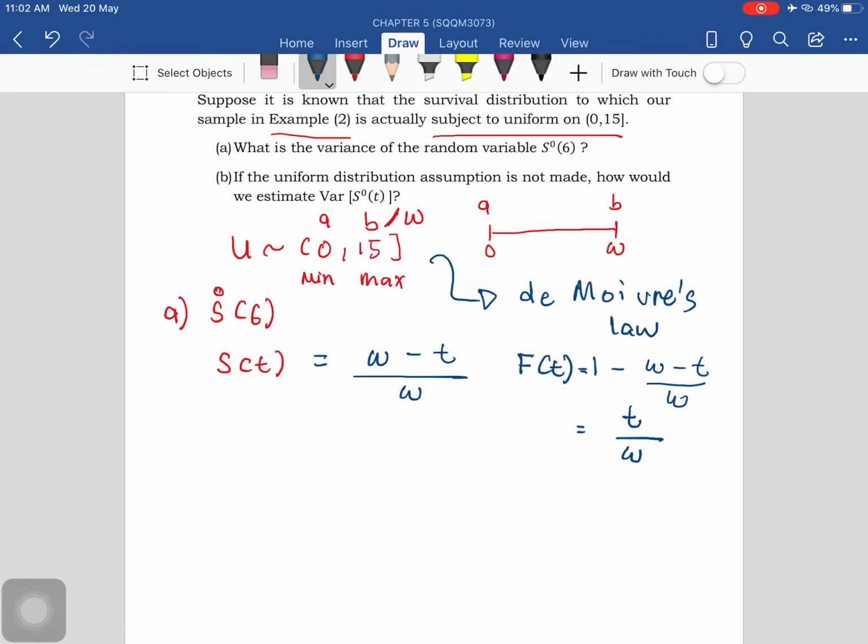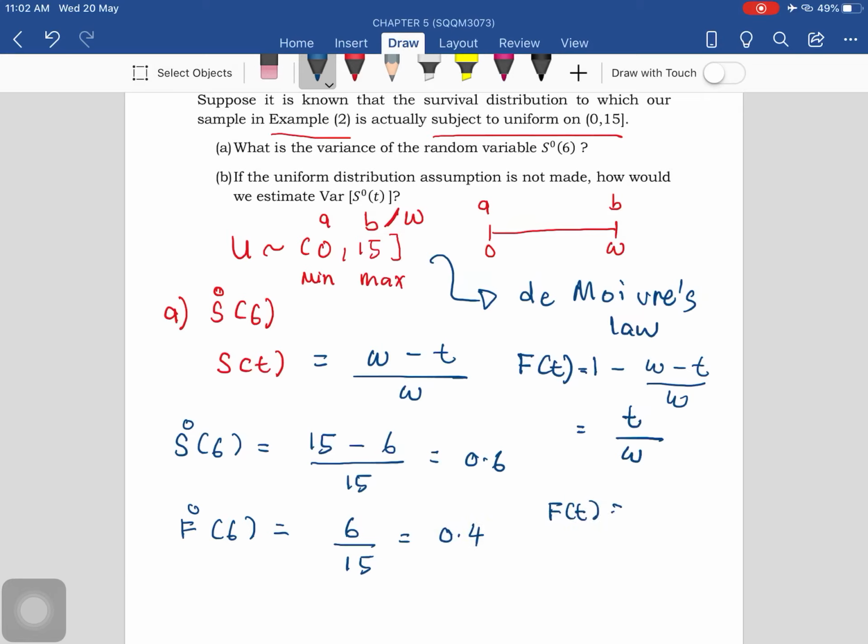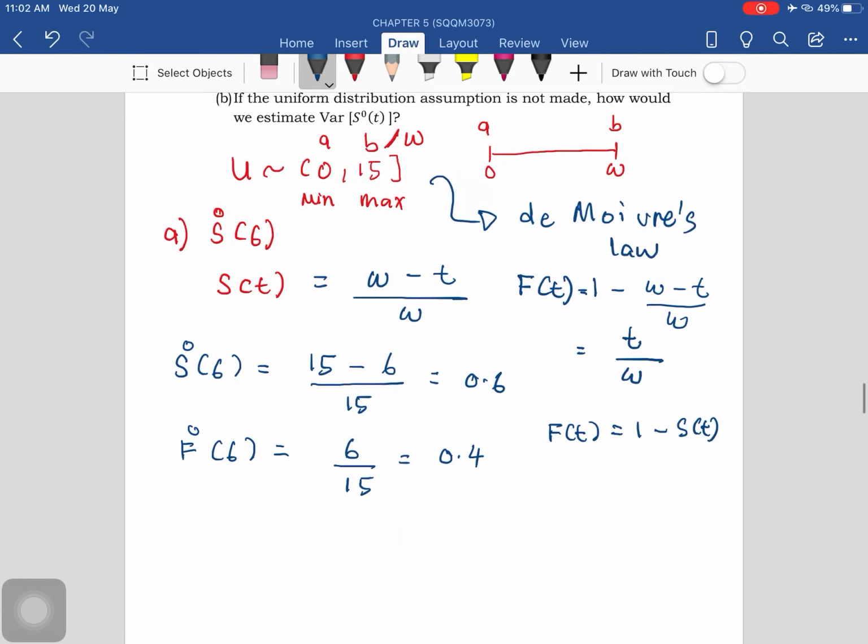So S(6), with omega 15 and t 6, is 9 over 15, which is 0.6, and F(6), t over omega, is 0.4. Or F(t) is equal to 1 minus S(t), so we can use either one.